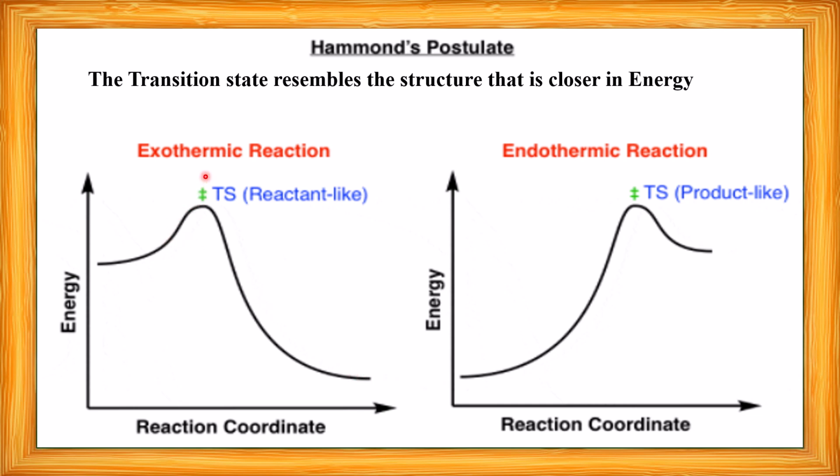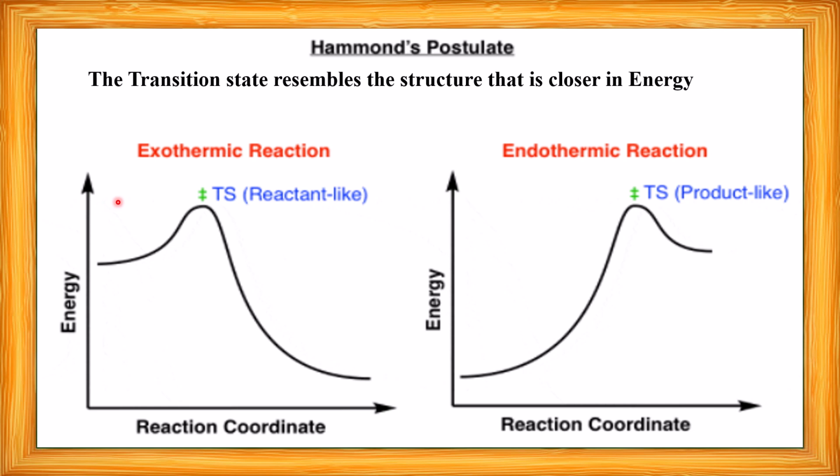Therefore, the transition state of this reaction should resemble in structure more with the reactant than the product. Therefore, the hump in the reaction, which is representing the transition state, should be put closer to the reactant of the reaction.